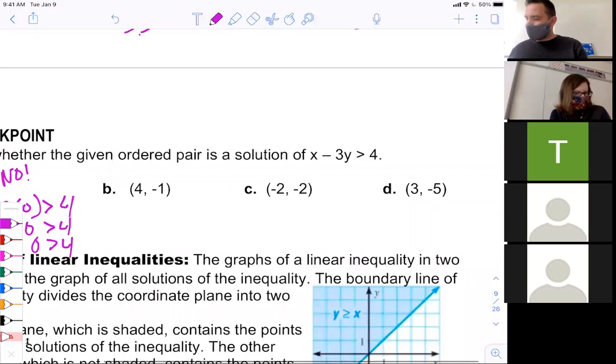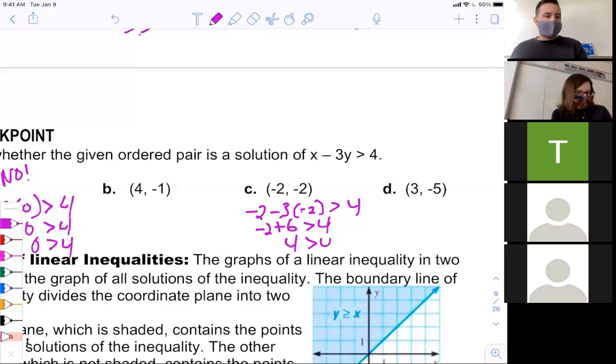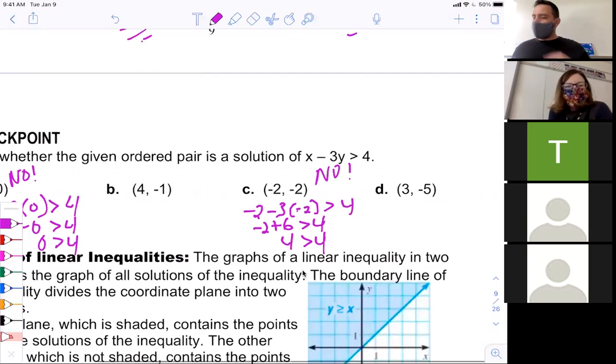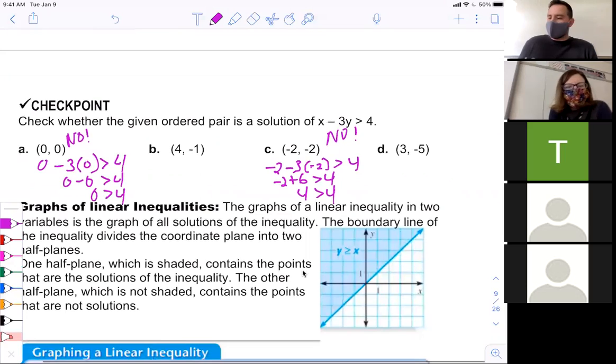We'll do part C as well. So we get -2 when you're plugging in for x, minus 3 times -2. In this case, you get -2 plus 6 is greater than 4. And then you get 4 is greater than 4. Is that a solution? Bill? Is 4 greater than 4? No. Any questions on how to plug in for 2 variables instead of just 1?